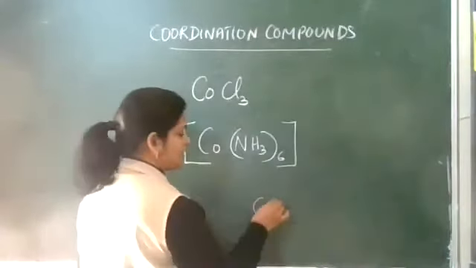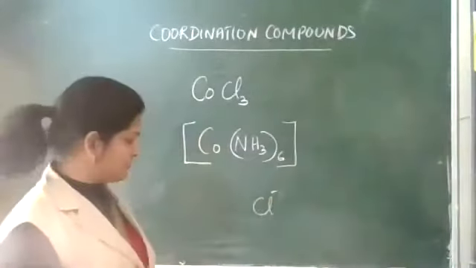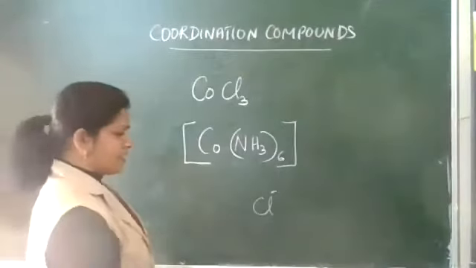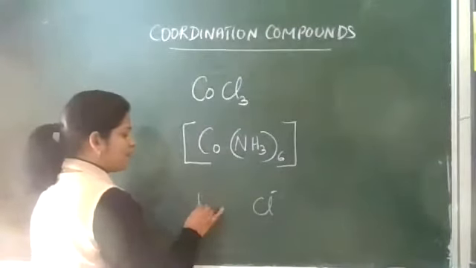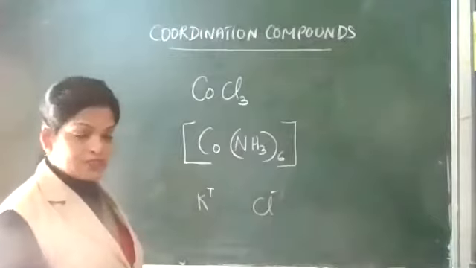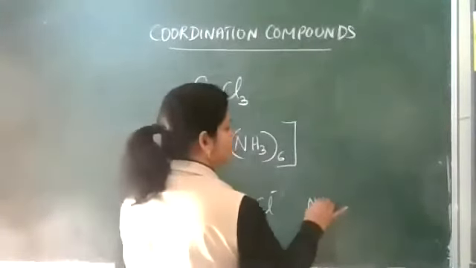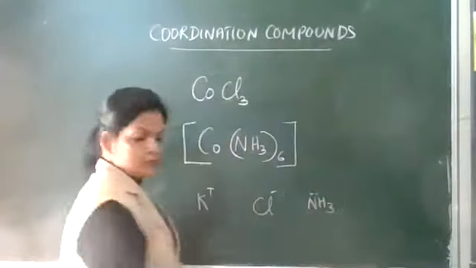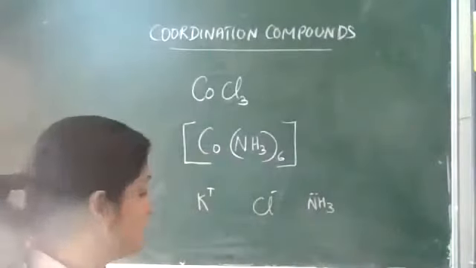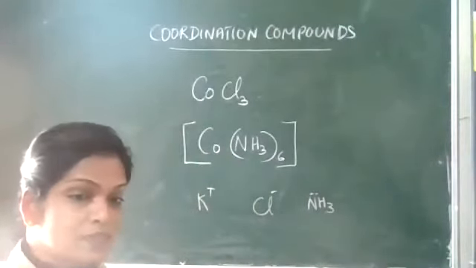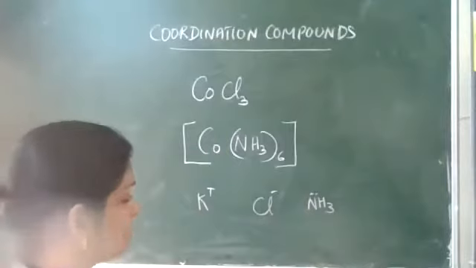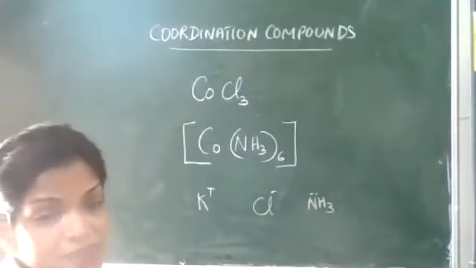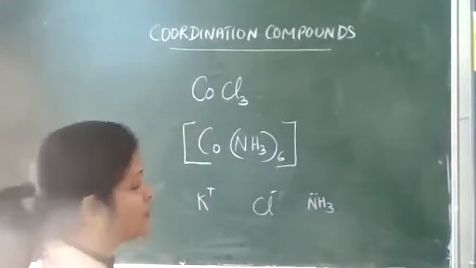For example, Cl minus is a negative species. And K plus is a positive species. In that way, ammonia is a neutral species. In acid-base chemistry we learn ammonia is a weak base, Lewis base.